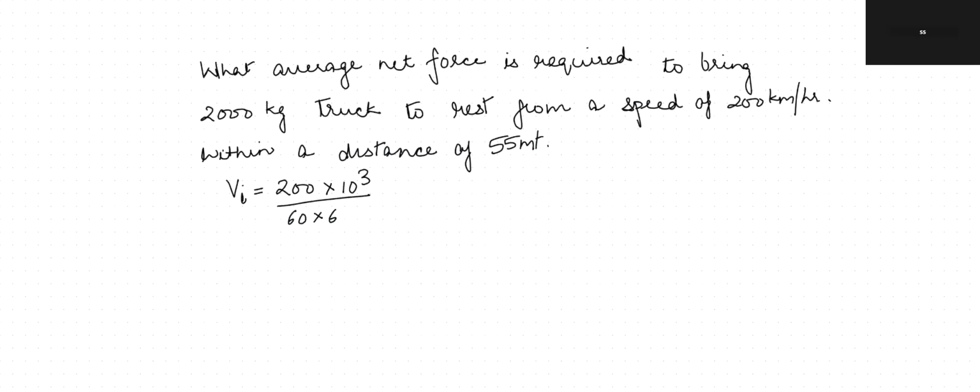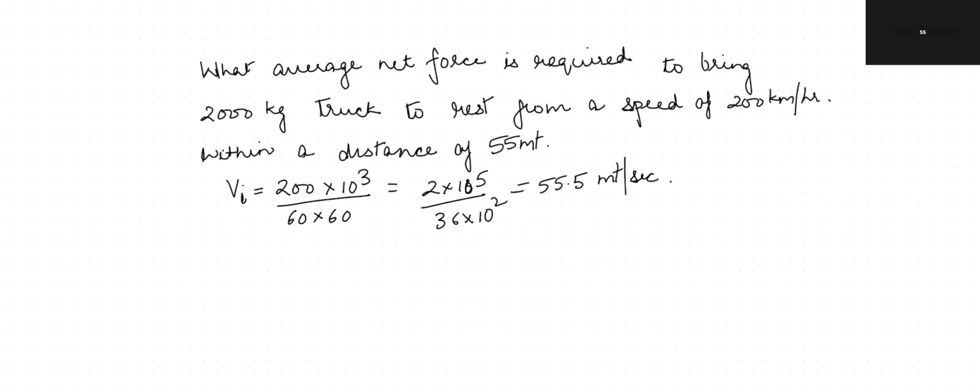So this will give us 2 into 10 raised to power 5 over 36 into 10 raised to power 2, which gives us 55.5 meters per second.